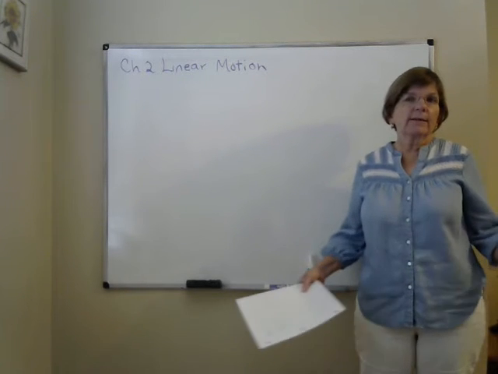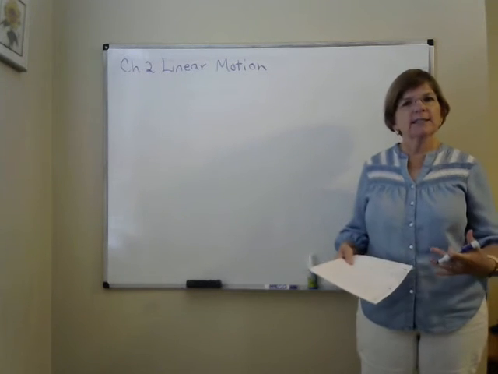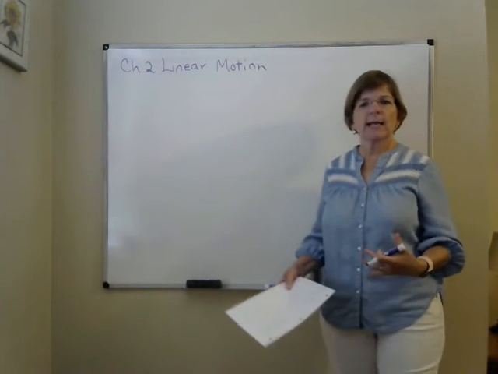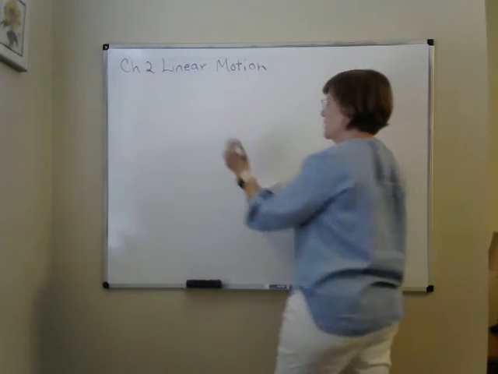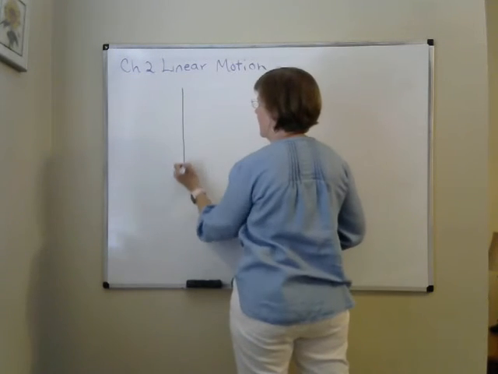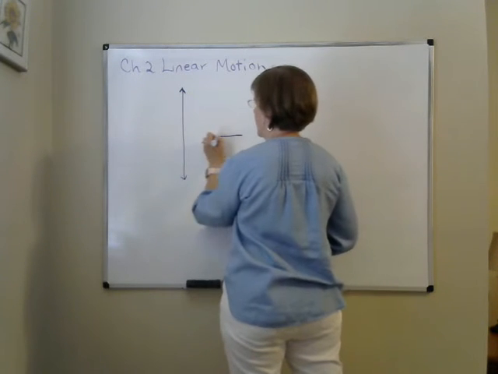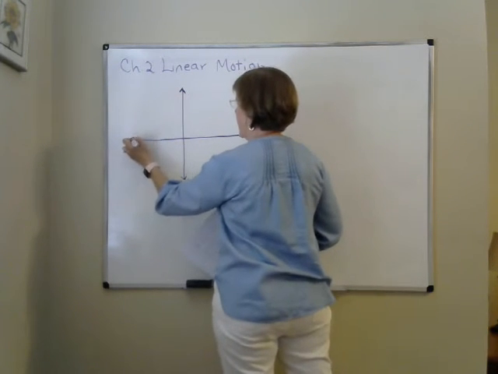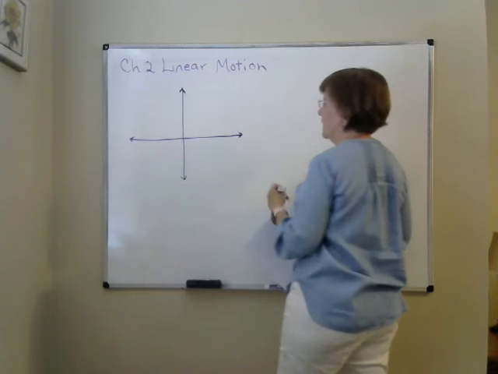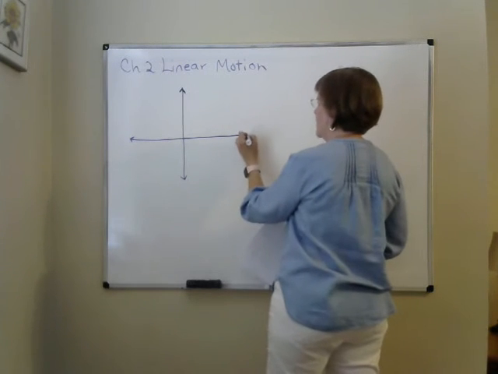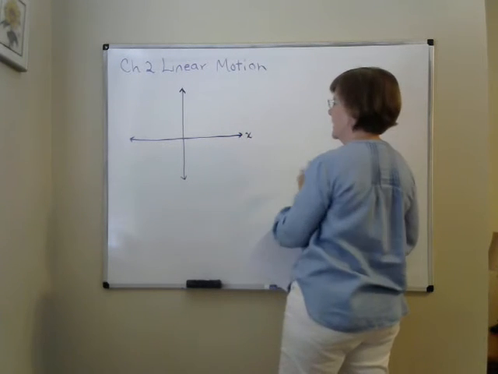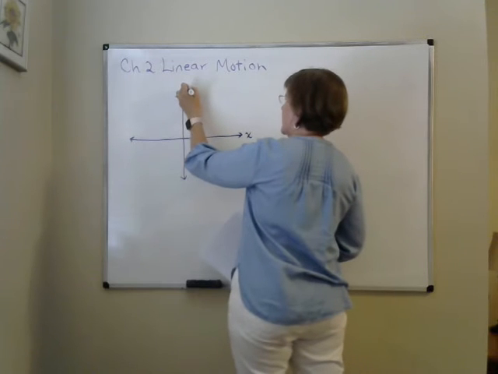We need a way of defining directions and things, and so we use a coordinate axis. Fortunately, a coordinate axis in physics looks exactly like a coordinate axis in mathematics. If we think in terms of x and y, we usually treat horizontal motion as being x, vertical motion as being y.